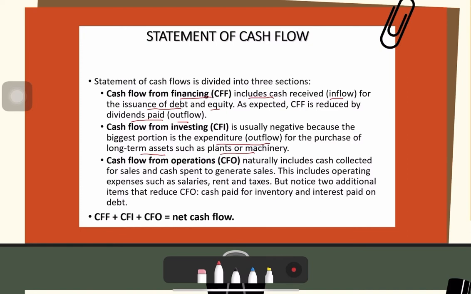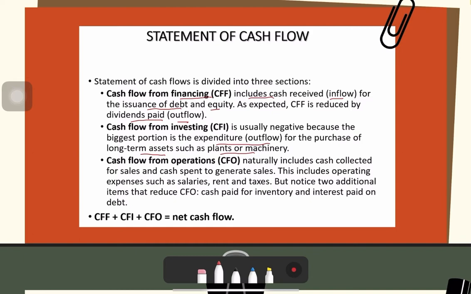When we buy the machine or the plant, there is a cash outflow, but it is not called expenses, it is called investing, because we invest in that machine to produce more return or more sales from the investment.